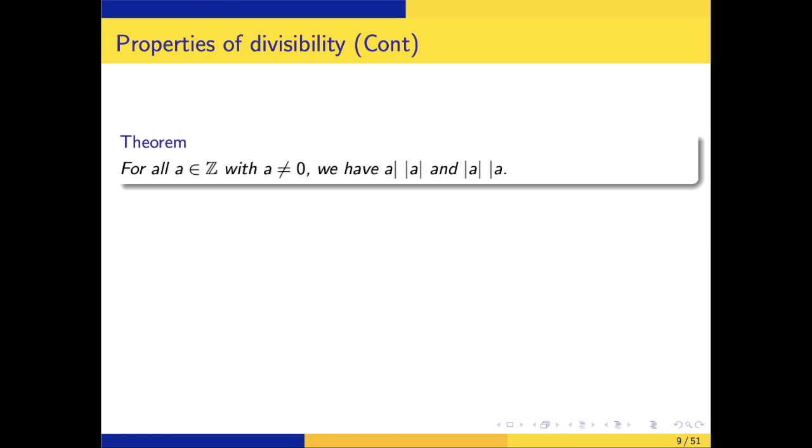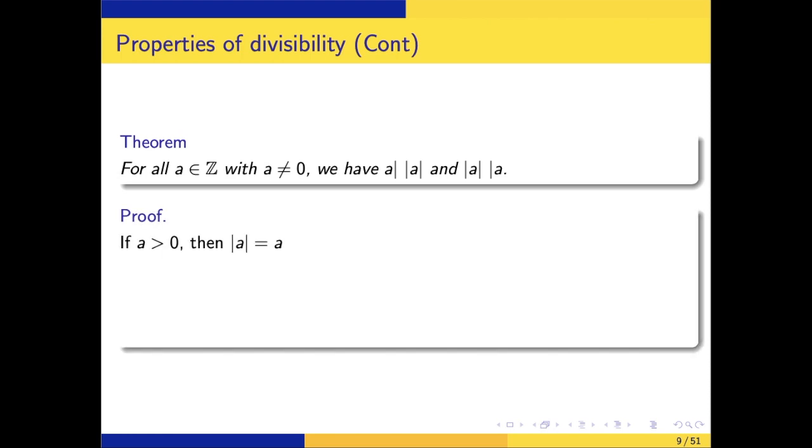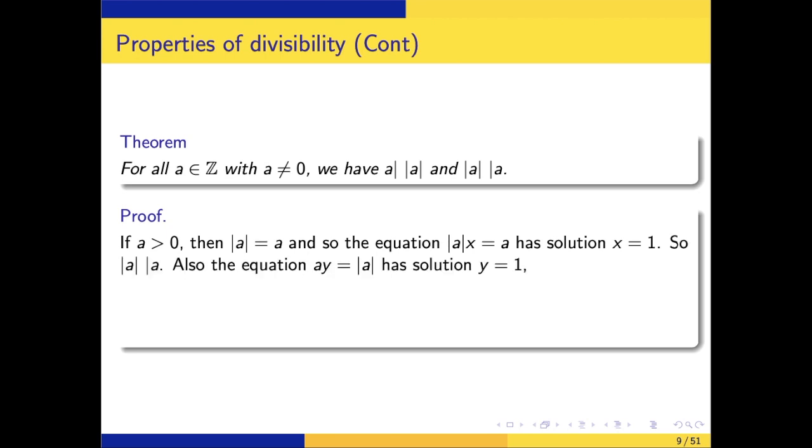Also, if a is an integer not equal to 0, we have that a divides the modulus of a and the modulus of a divides a. If a is greater than 0, then |a| = a, and so the equation |a|x = a has solution x = 1. Thus |a| divides a. Also, the equation ay = |a| has solution y = 1.